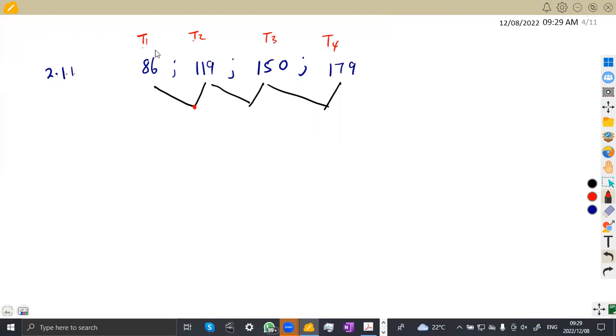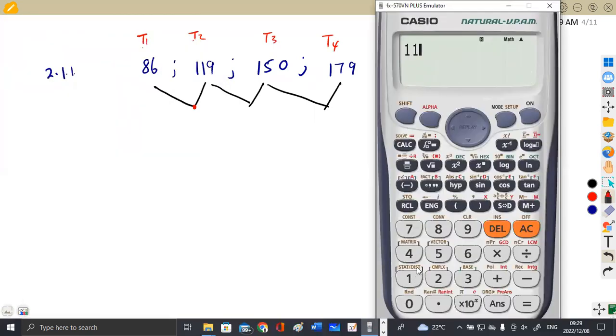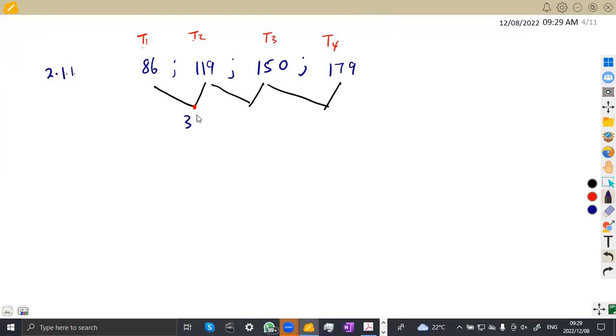So that's 119 minus 86, and you can use your calculator to do that, which is 33. So here we are going to obtain 33.